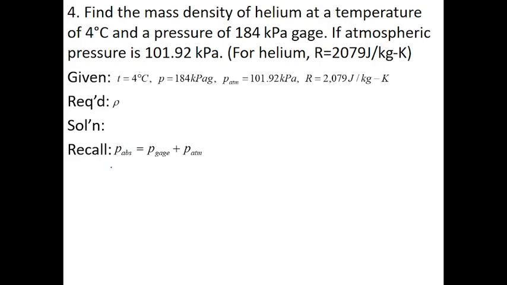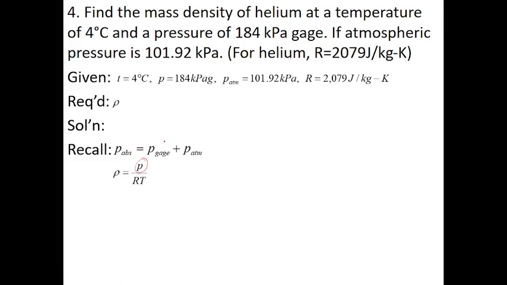So, the absolute pressure of a substance is equals to the gauge pressure of the substance plus the atmospheric pressure. So we know that P here is absolute.